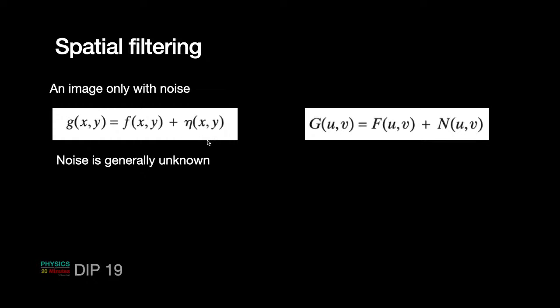One of the strategies is to use noise modeling. Find a small sample or patch of g of xy where you assume the intensity should be uniform, and it is not uniform because of the noise.